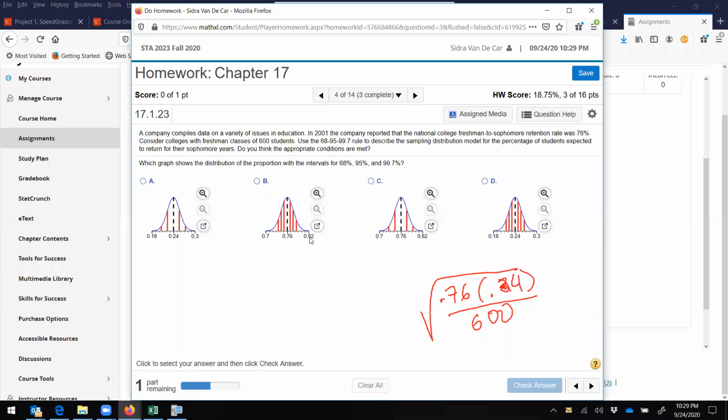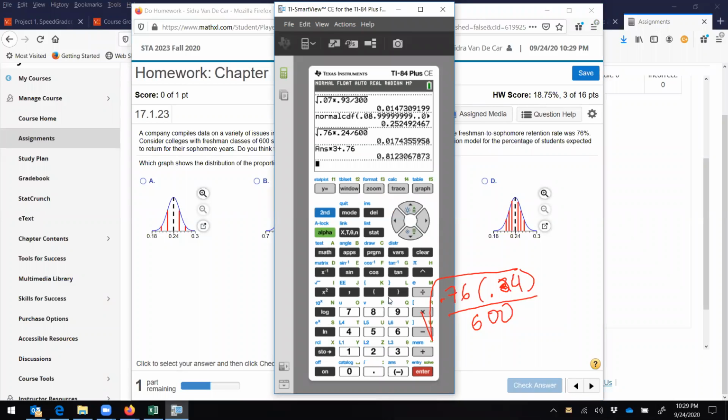0.812 would be, okay, they're both at that value. So let's look at one standard deviation up. So adding 0.017, my first standard deviation is going to be at .777-ish.